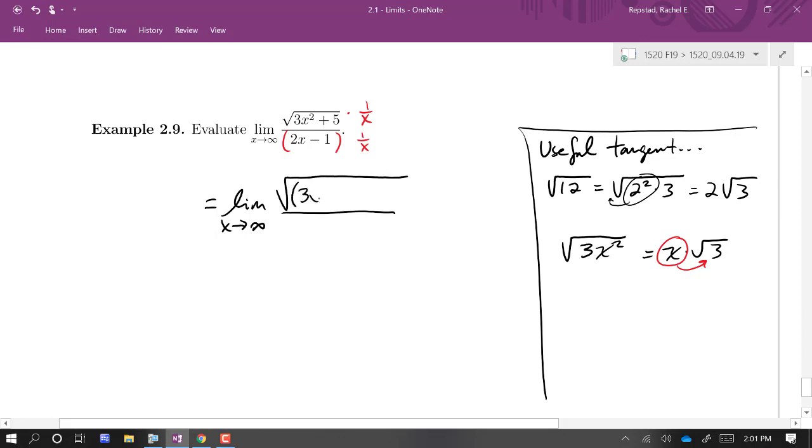I've got 3x squared plus 5 times, and if I square 1 over x, we get 1 over x squared. Now I'm going to distribute in the top and the bottom.